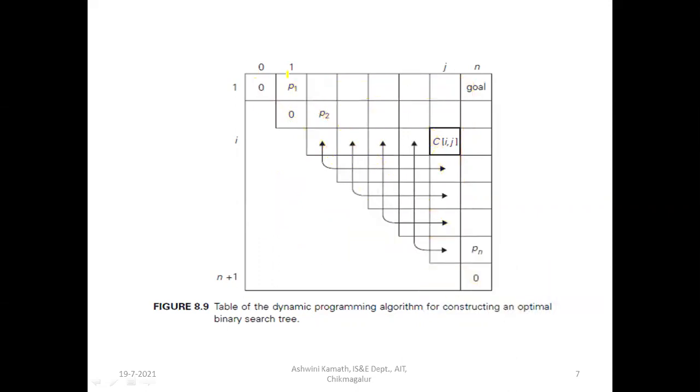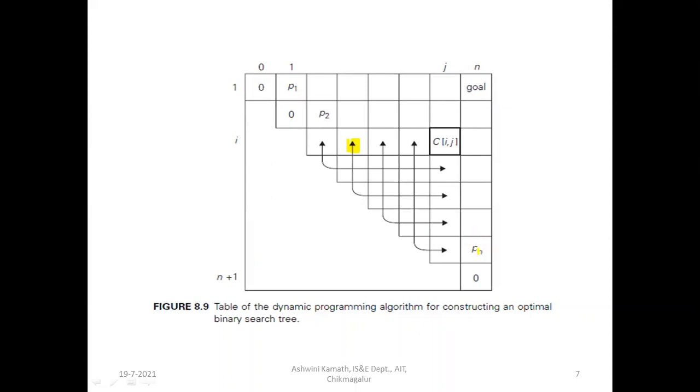Then C of 1,1 is equal to the probability of the first value, 2,2 is the probability of the second value, 3,3 is the probability of the third value, 4,4 is the probability of the fourth value. For n, C of n,n will be the probability of n.